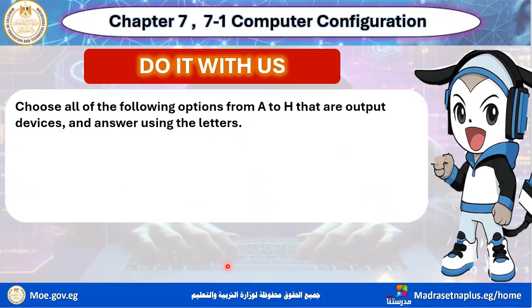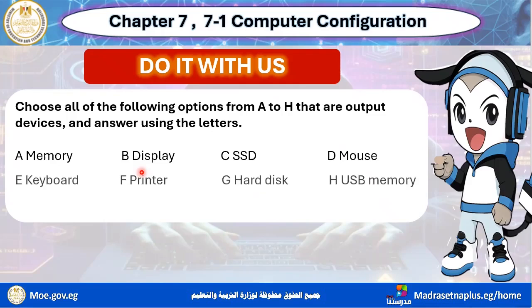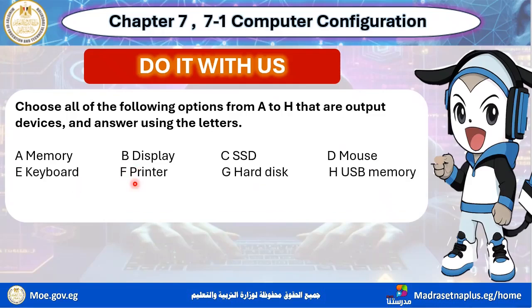Now we have another question for you. Choose all of the following options from A to H that are output devices and answer using the letters. Memory, display, an SSD, a mouse and keyboard, printer, hard disk, and USB memory.